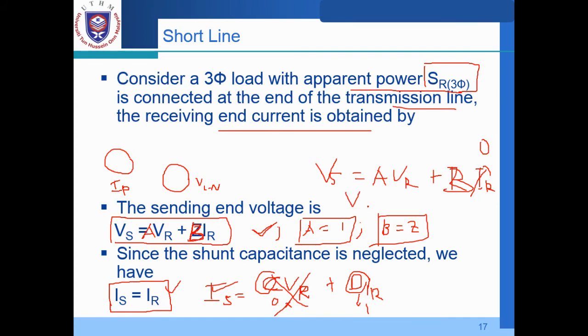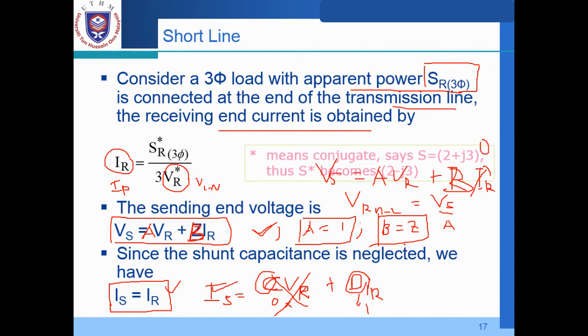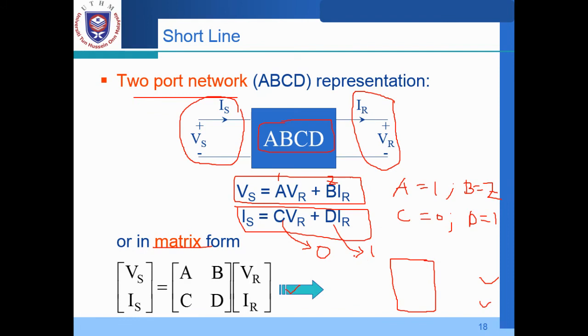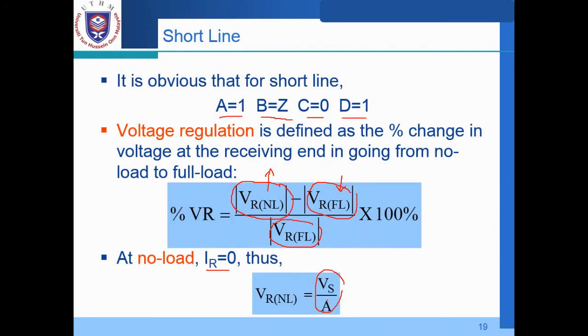So VR, where NL means no load, is equal to VS over A. So VR during no load equals VS over A. And later on we may replace this into the VR equation.